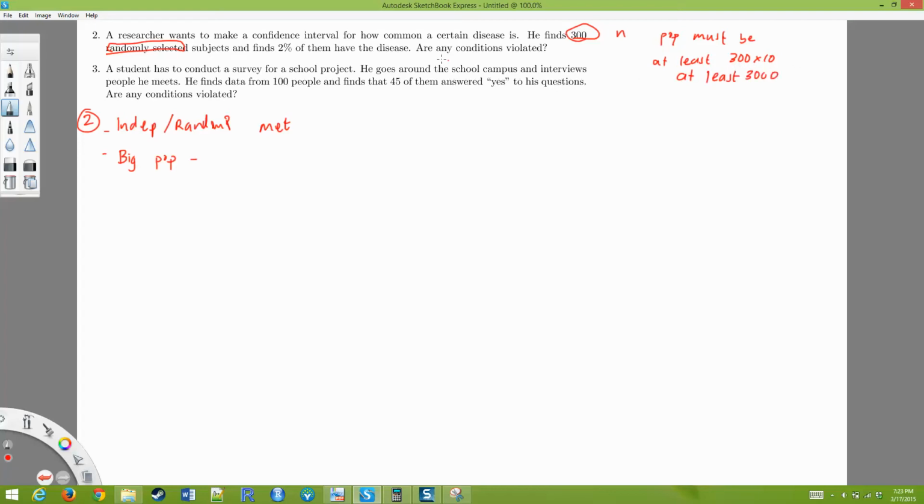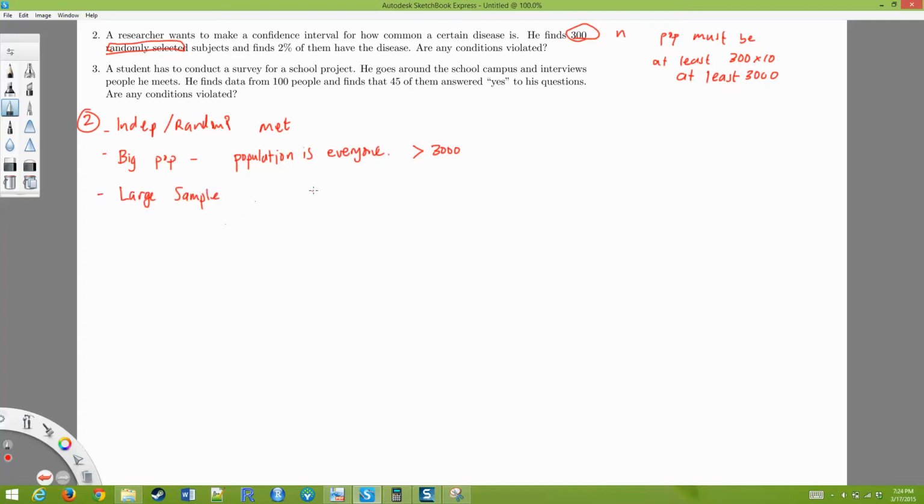What is the population? Population is everyone, because anybody could potentially have this disease. So that is over 3,000, so the big population condition is met. What about the large sample condition?